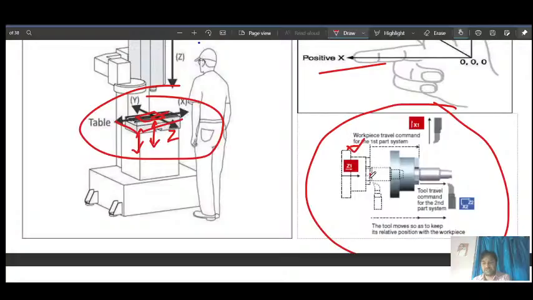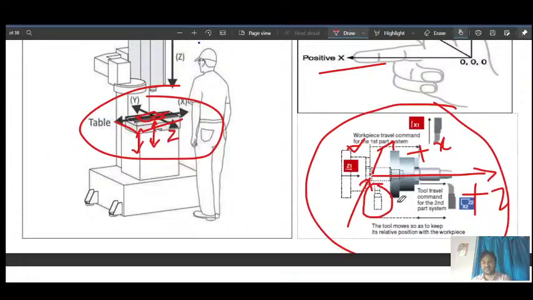This is taken as a reference 0 0, and from here plus z, and from the center to this side, plus x. And this tool location, although it is shown visually here, is generally on the opposite side, inside. So that is considered as plus x, as you can see here.